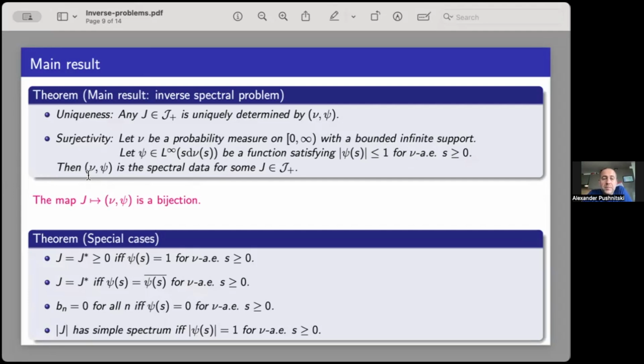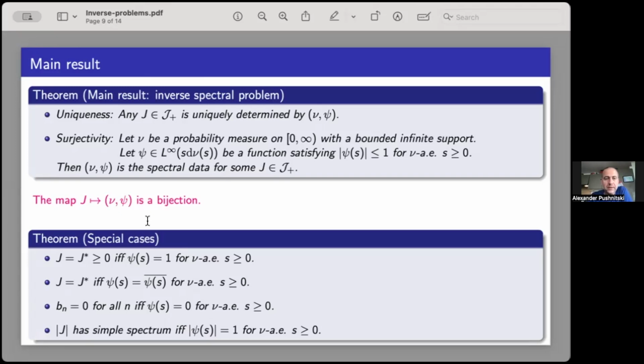Then this pair, the measure nu and the function psi, is the spectral data for some Jacobi matrix of our class. In other words, the map from Jacobi matrices to this pair is a bijection. So we get everything, all the spectral data in this class.